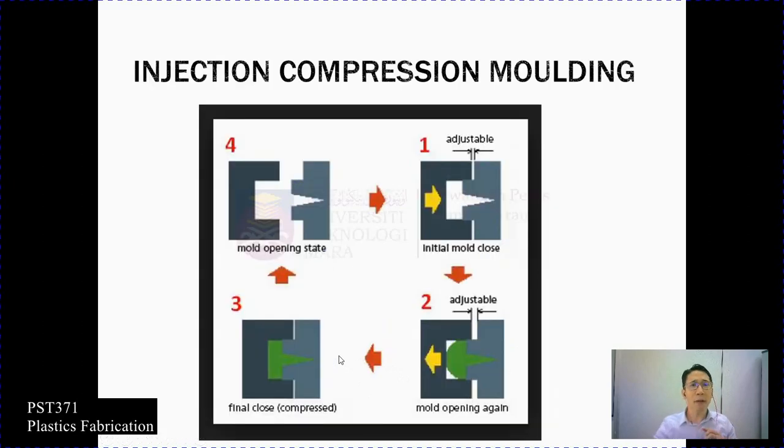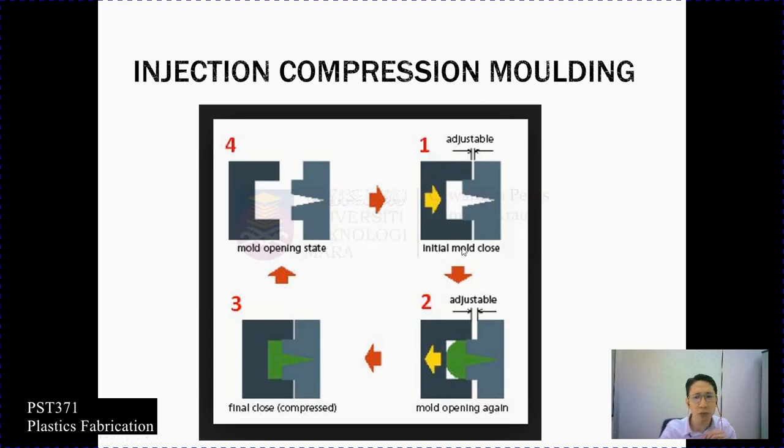And then we have injection compression molding. What is injection compression molding? It involves the injection and compression processes in one machine. In the illustration at the top right, you can see the mold is not tightly closed. There is some gap between the two mold halves, the male and female cavity.